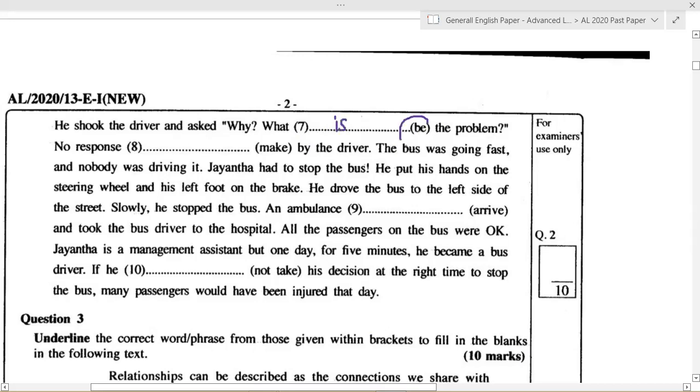B is a verb with am, is, are subsections. So depending on the subject, what is the subject here, right? It comes as singular.